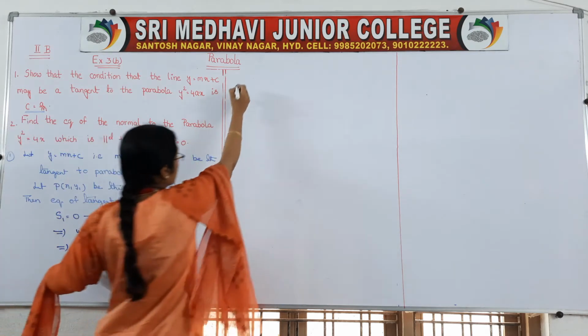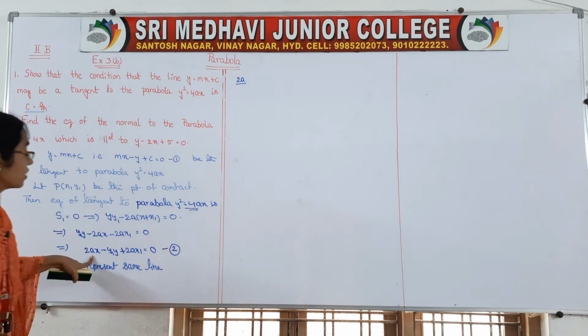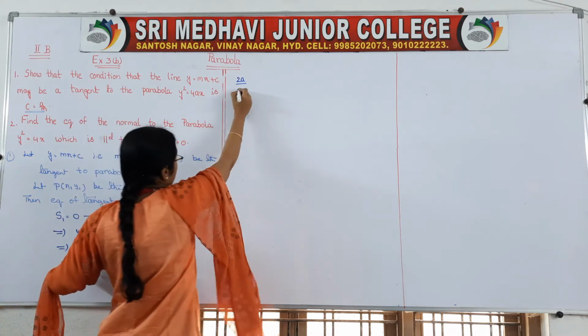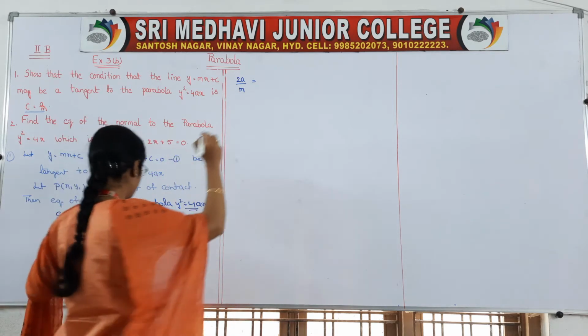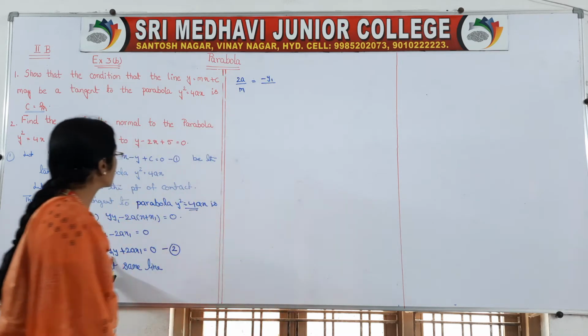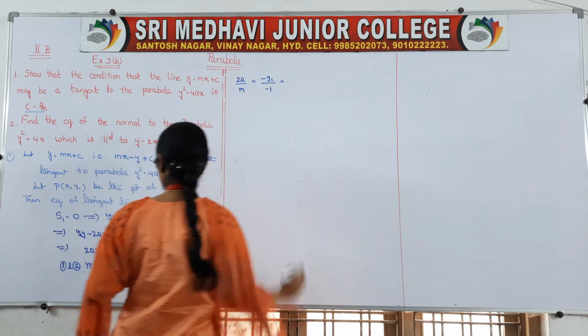So x coefficient of the second line is 2a by x coefficient of your first line is m, right? Similarly, y coefficient of your second line is minus y1 and y coefficient of your first one is minus 1. Next, constant.